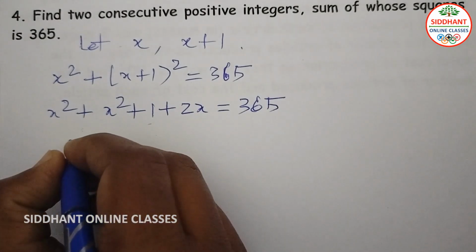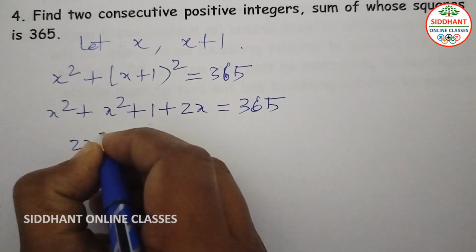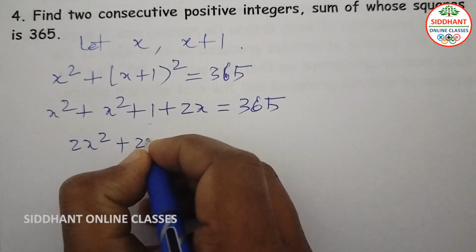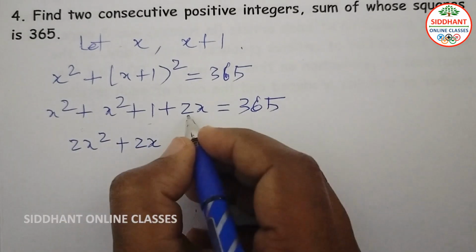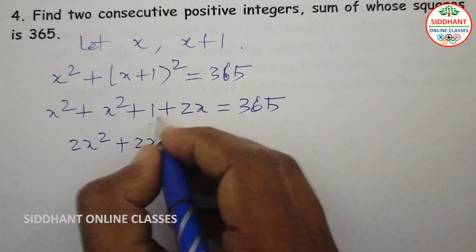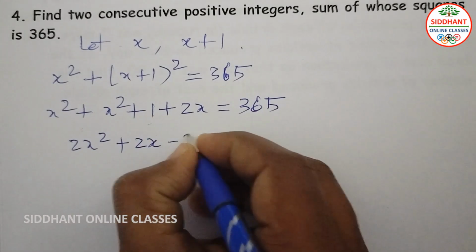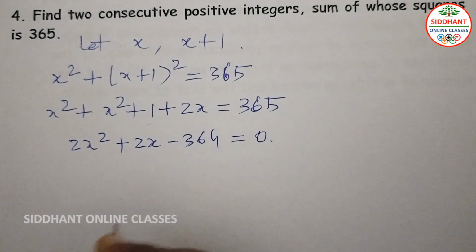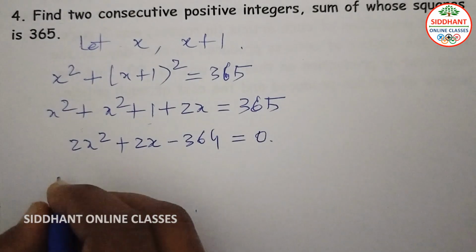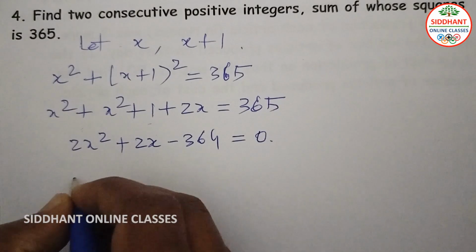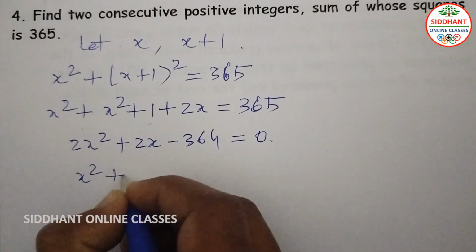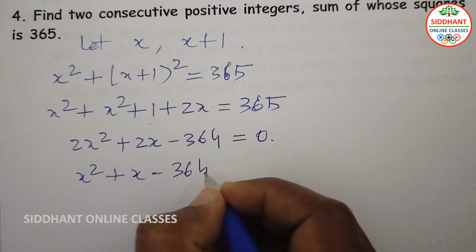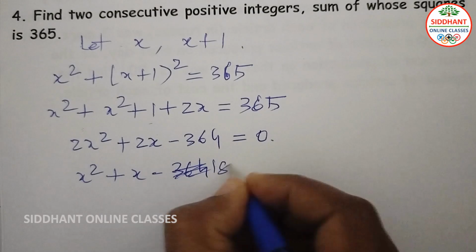So here we will be getting 2x square plus 2x, 365 minus 1, so minus sign 364 equal to 0. Taking 2 common, we get x square plus x minus 182 equal to 0.